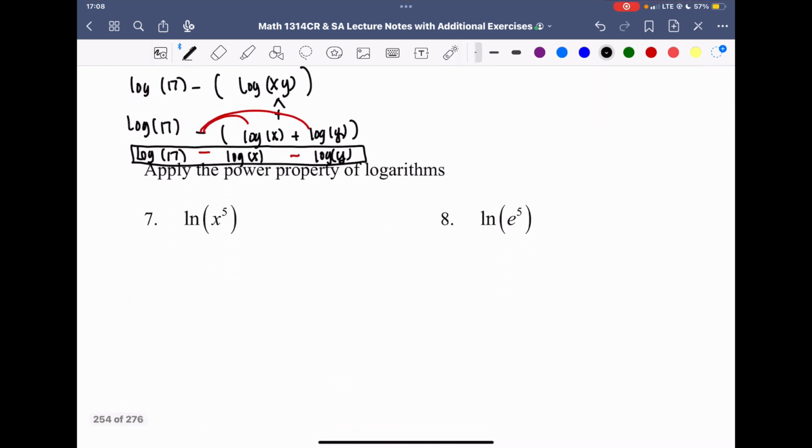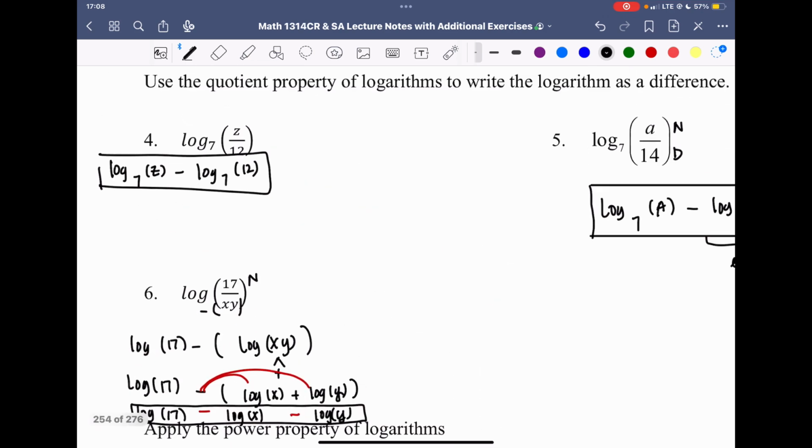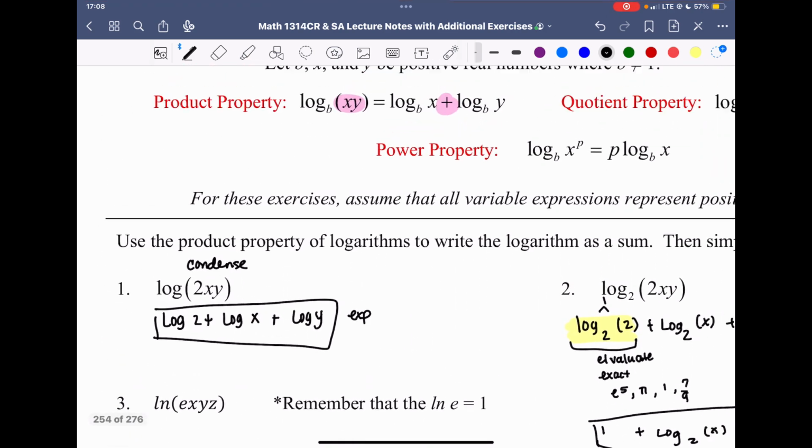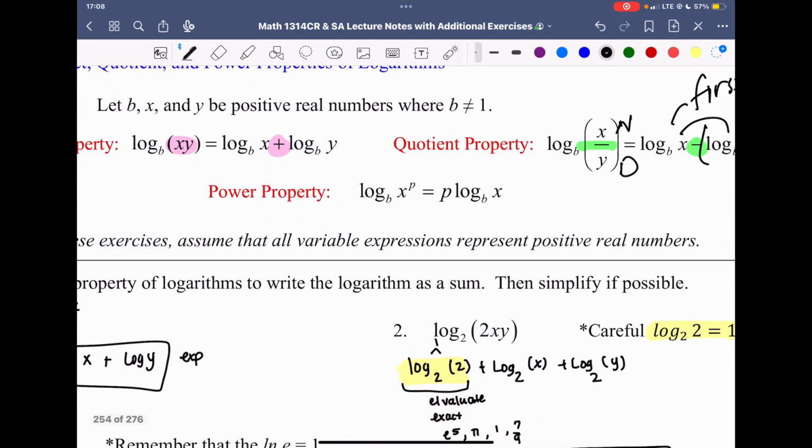Now this says apply the power property. Let's look at the power property. This is what we were doing earlier. You're taking this exponent and you're making it a factor in front.